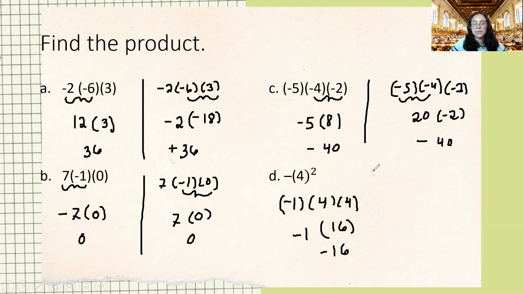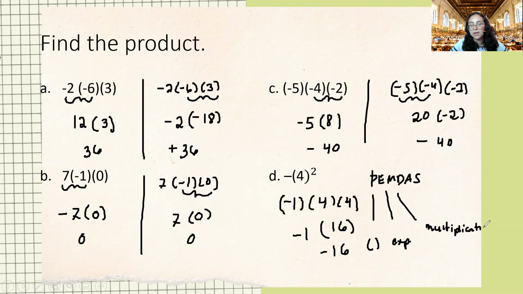Okay, because remember the PEMDAS, the please excuse my dear Aunt Sally, this tells you that we have to do parentheses first. This tells you that we have to do exponents and then multiplication. So here in this example, we would do the exponent first, and then we would multiply the -1.